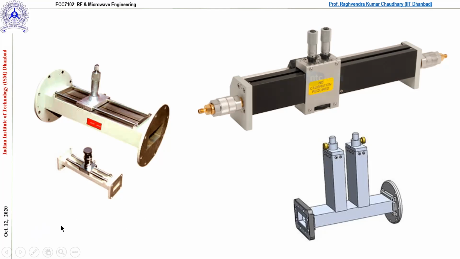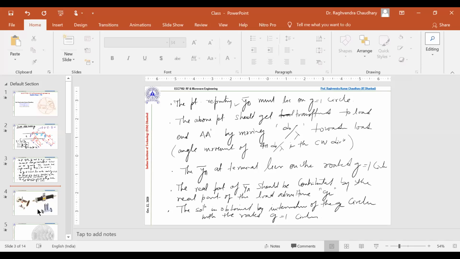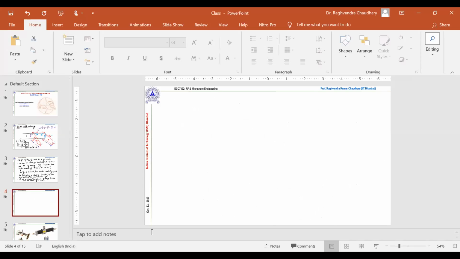Okay, I need one more page, just a minute, to write the steps. These are really very important steps, so please keep them with you when you are drawing over the Smith chart. It requires doing it step by step, so I am going to write some steps and you have to follow them as they are.